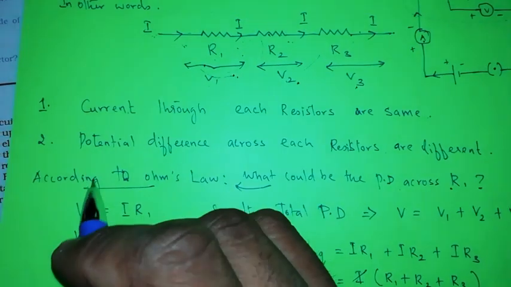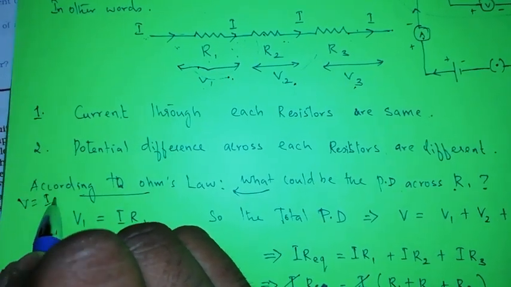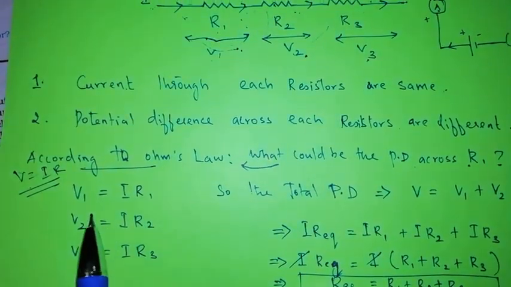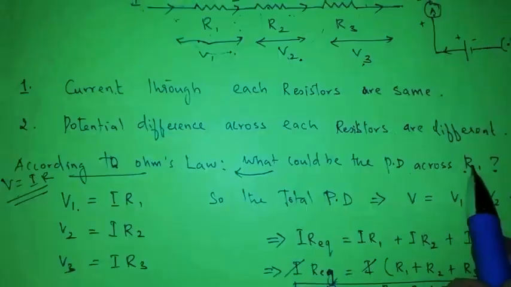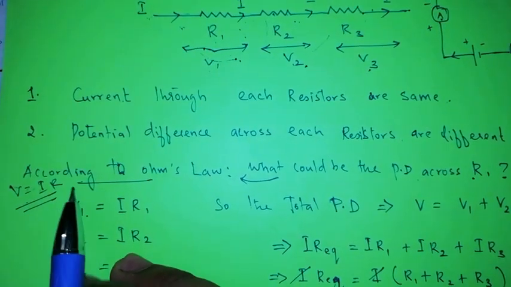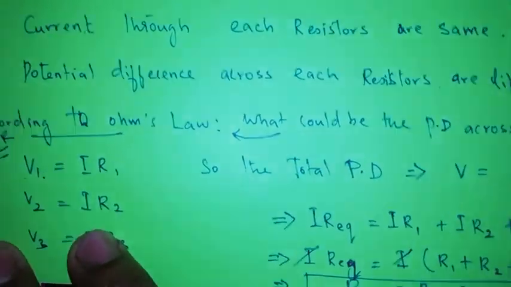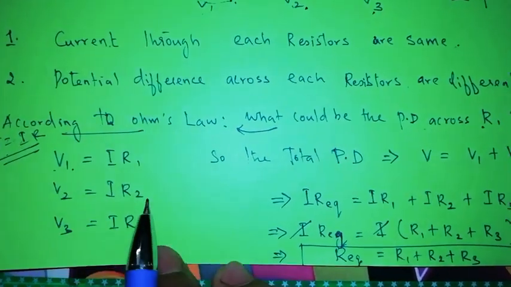According to Ohm's law, you know what Ohm's law is? Ohm's law is V equals IR. So if I write according to Ohm's law, V1, the potential difference across R1, is V1 equals IR1. And the potential difference across R2 is IR2.